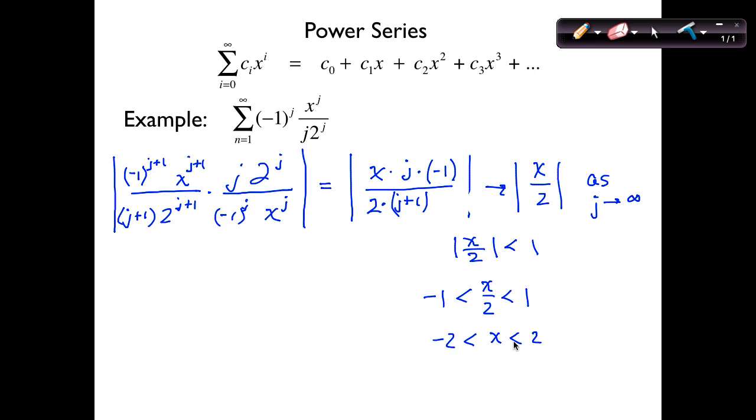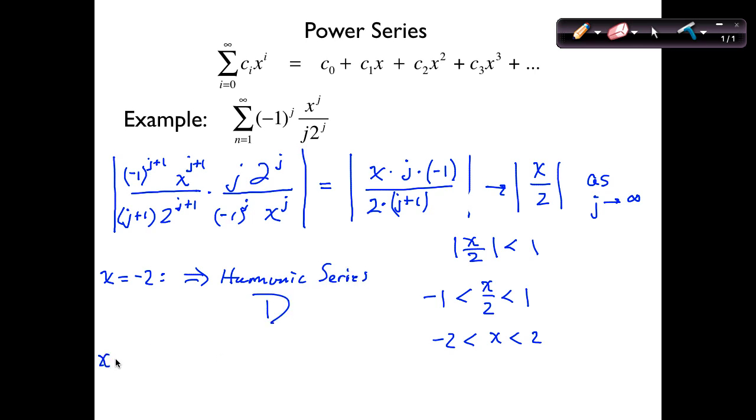What about at 2 and -2? So if x is -2, you actually get the harmonic series. You can prove that later. So therefore, converge or diverge? Diverges.